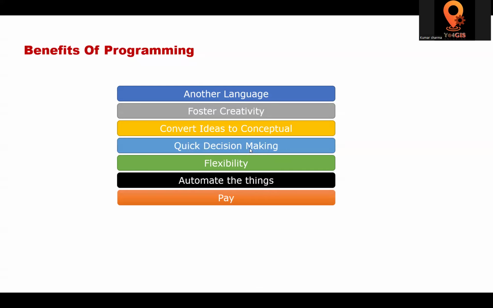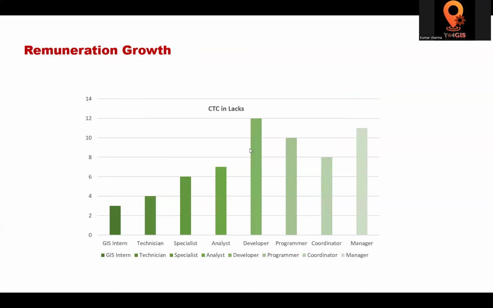If we know the development, or if we are in GIS development, then I should not tell you what the scenario will be, but you guys already know. Most of your friends who are already in development, you already know what they are getting and how they are enjoying their career.